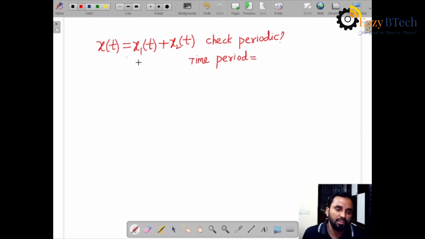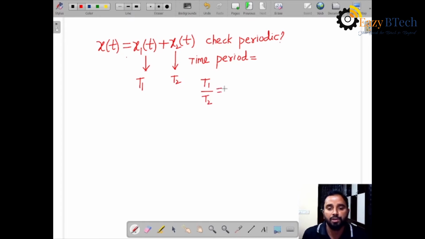The procedure is very simple. First we find the time period of x1, which is t1, and the time period of x2, which is t2. Separately we do the x1 time period and the x2 time period. After that, take the ratio t1 by t2.